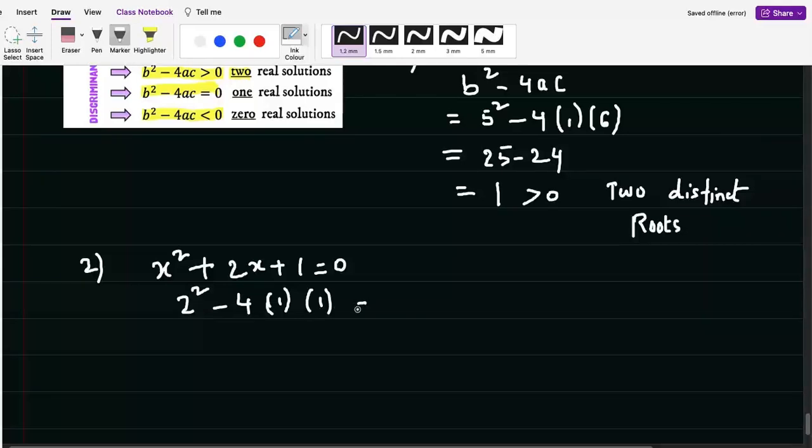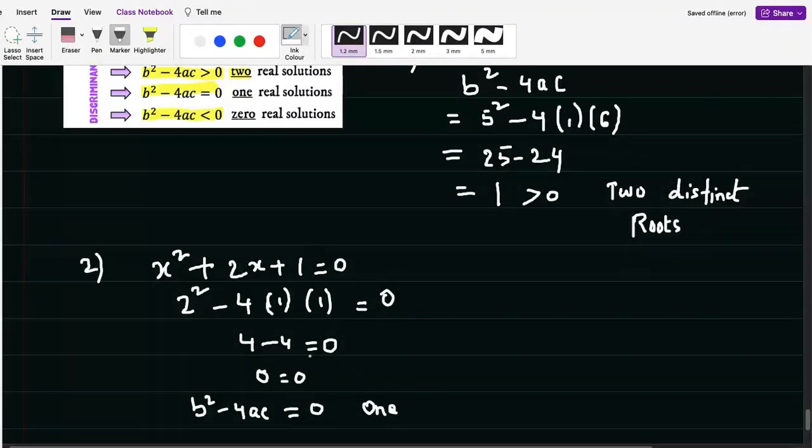So that will be equal to 2 square is 4, minus 4, 0. Whenever the discriminant is 0, b square minus 4ac equal to 0, you have only how many? One solution or one root, equal root.